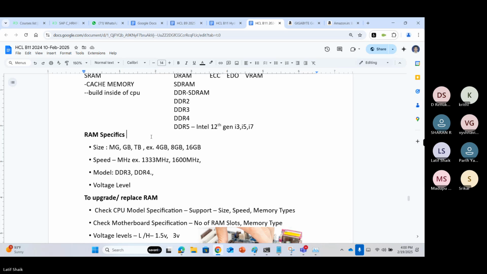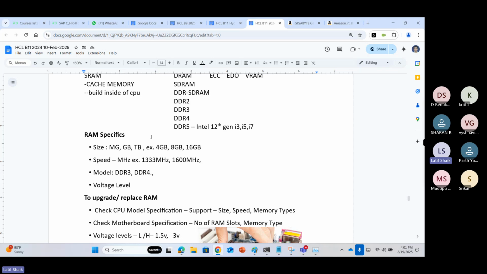Next, RAM also has a certain clock speed. Clock speed means the speed at which data is transmitted from RAM to processor, processor to RAM, and RAM to IO devices. With a certain clock speed, it will send data. So that is the clock speed. And RAM models: DDR3 model, DDR4 model.